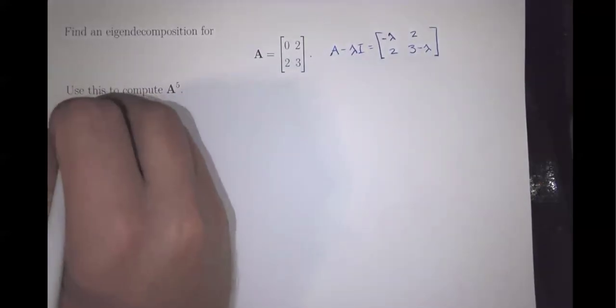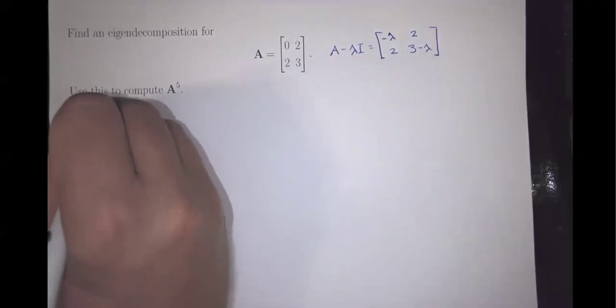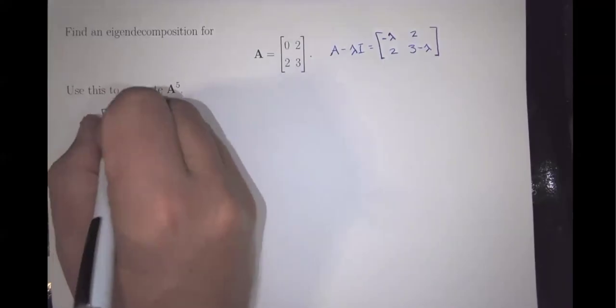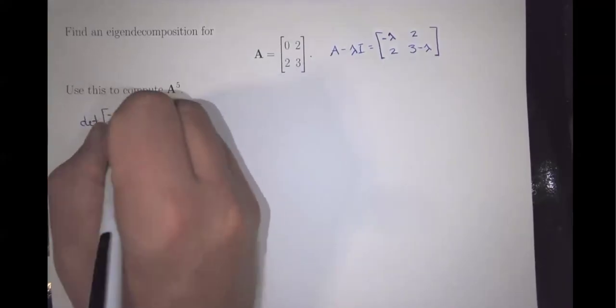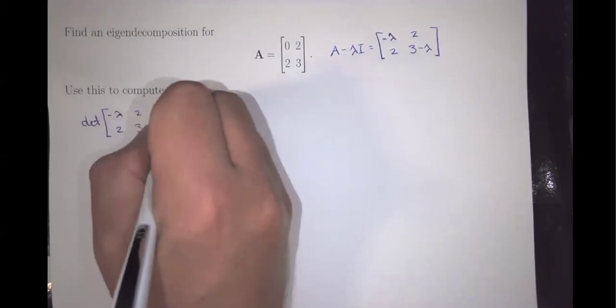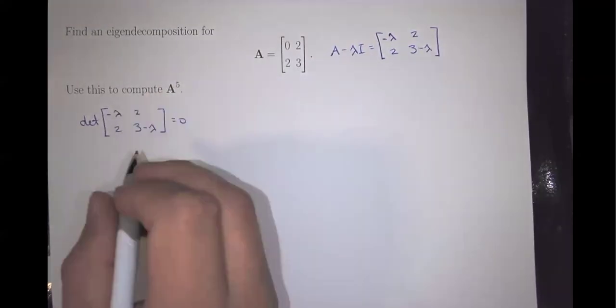So our determinant of negative lambda, 2, 2, 3 minus lambda, this determinant is 0.